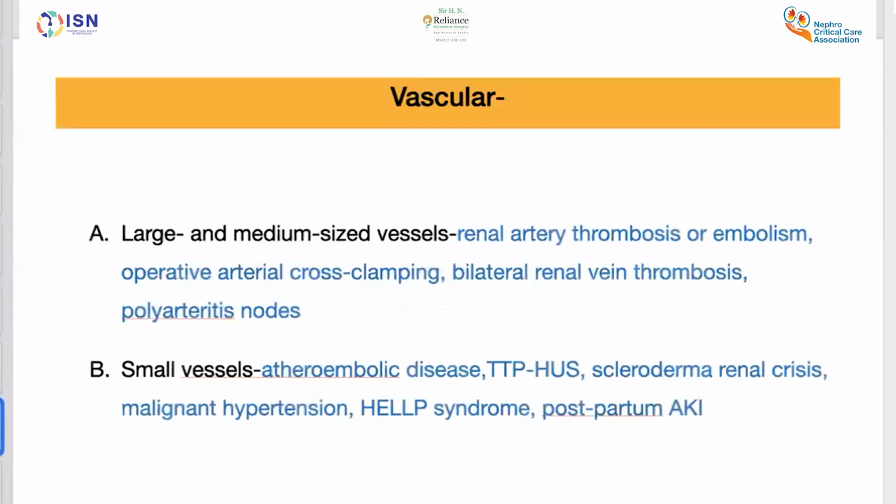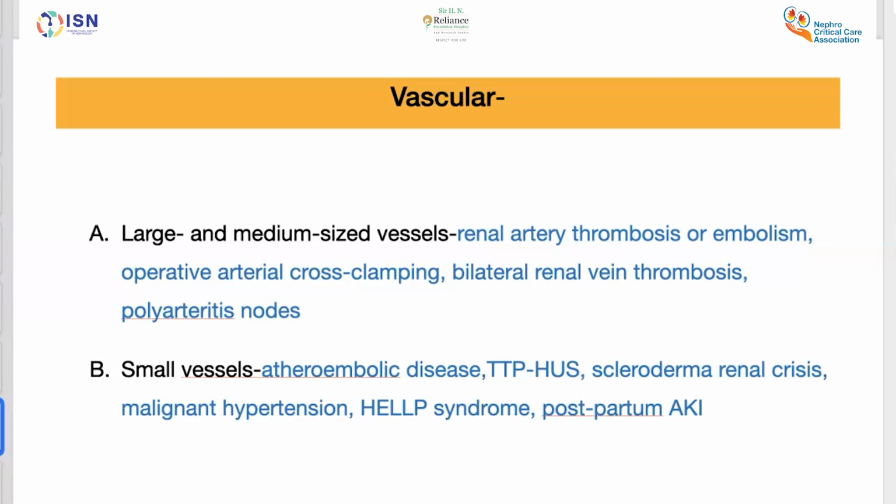Then intrarenal or intrinsic AKI. This is again divided into vascular, glomerular, tubular, and interstitial. Vascular causes of intrinsic acute kidney injury are large or medium-sized vessel diseases like renal artery thrombosis or embolism, operative arterial cross-clamping, like in transplant patients, bilateral renal vein thrombosis, or polyarteritis nodosa.